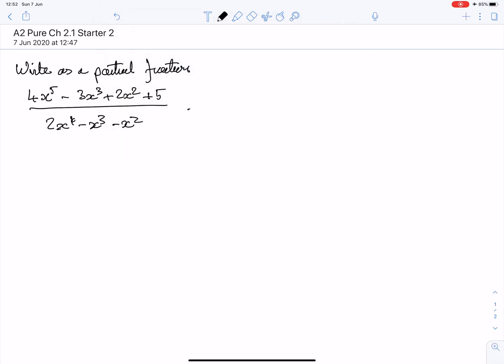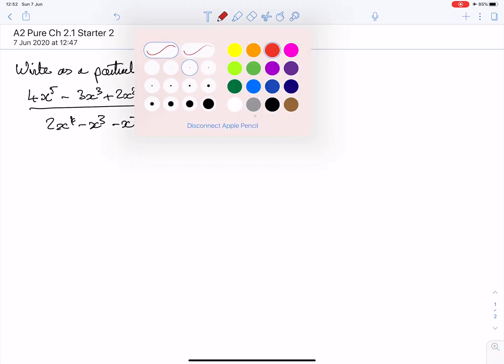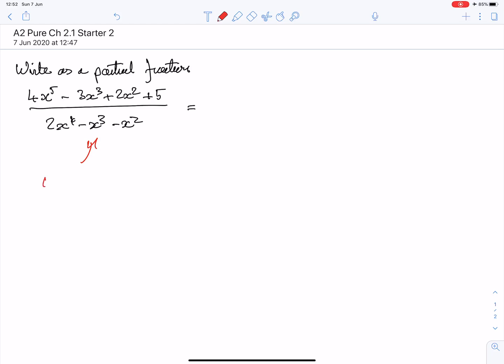Okay, so here we go. We have a number of things to do. First, factorise the denominator.